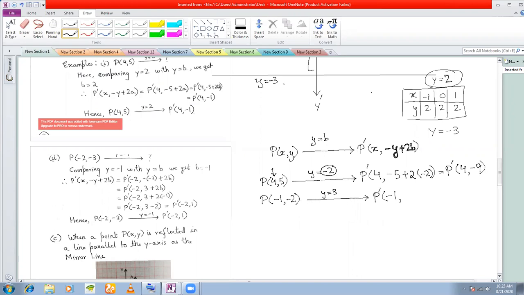Now the y coordinate will change its sign, so I change the sign of the y coordinate to 2, and along with it I will add 2b. y is equal to b, and b here is 3. So 2 into 3. So I will get this point P dash as (minus 1, 6 plus 2, 8). Clear? Sufficient? Fine.